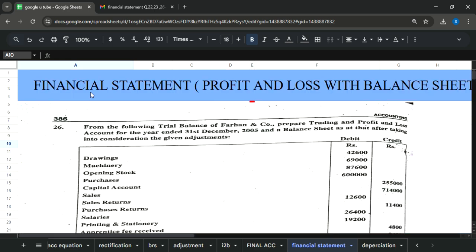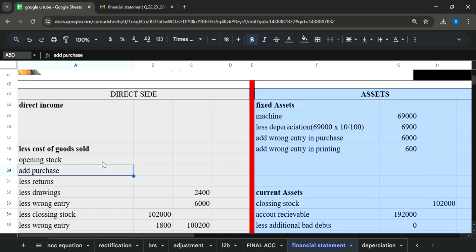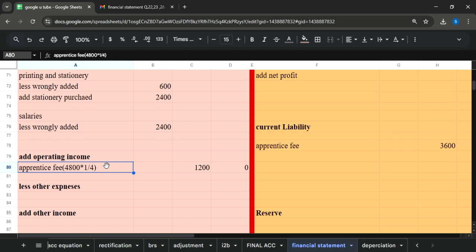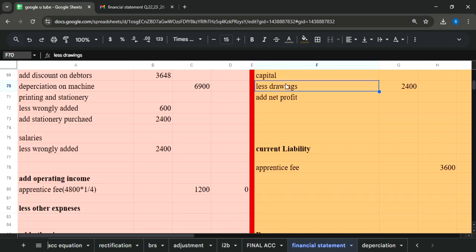Now we are going to enter each element present in the trial balance into our statement. So let's start. Drawings, it's part of the fixed liability side, and here I think we have reserved a space.